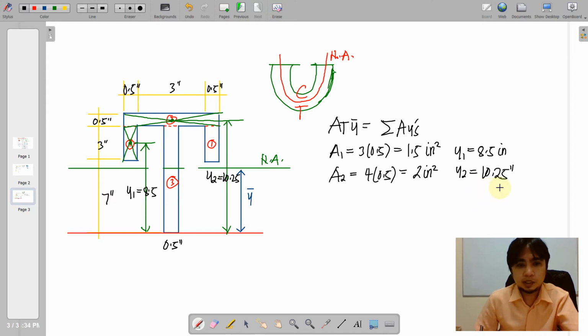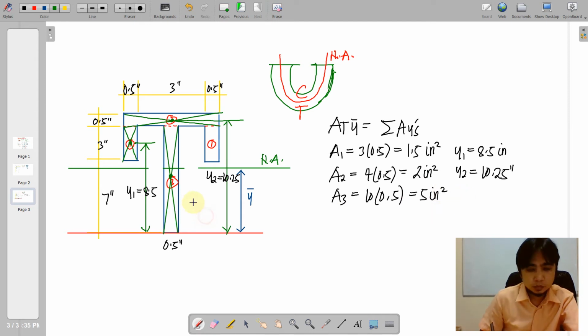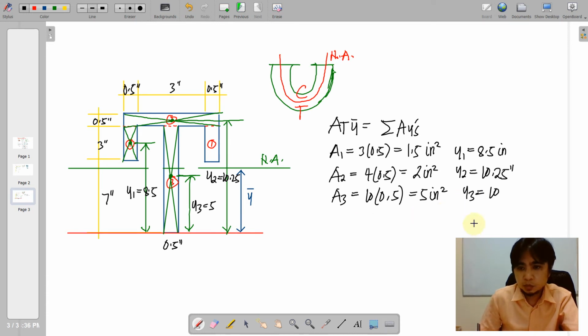We place it there, and then for the third area we have 10 by 0.5, and this is 5 square inches. And then for y3, we consider the centroid of this third composite area up to your reference line, and that is actually half of 10. So we place it here. Y3 is equal to 10.